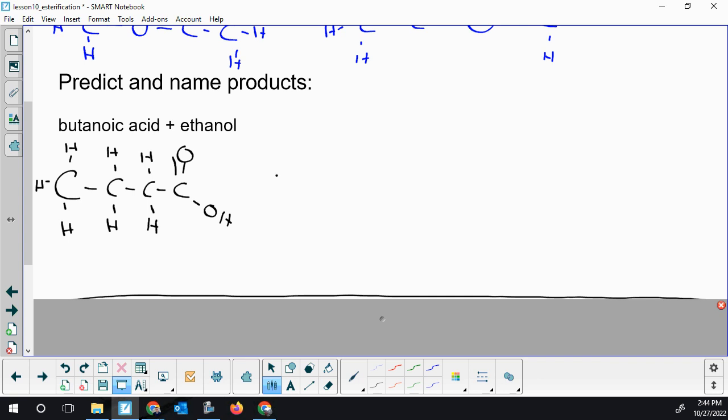Plus ethanol. Like you might see on an exam, the hydroxyl group may not necessarily be close to the carboxy group, but you have to realize it's the O of the alcohol going to connect there.